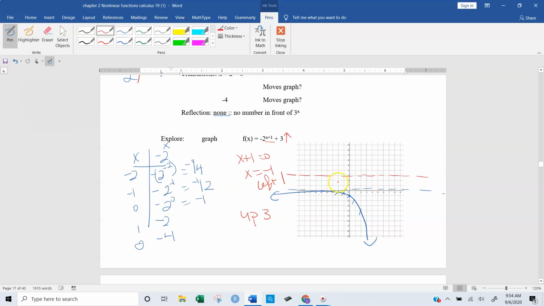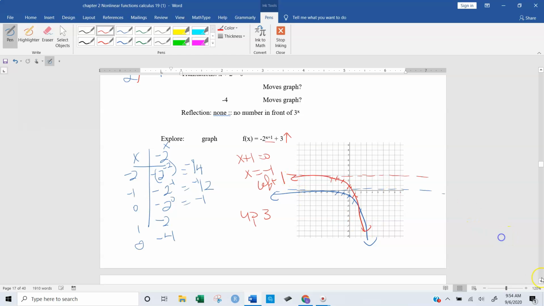So now every point goes up 3, left 1. This point, up 3, left 1. Again, up 3, left 1, and up 3, left 1. Draw in your transformation.